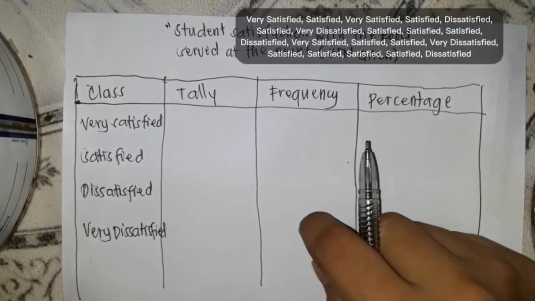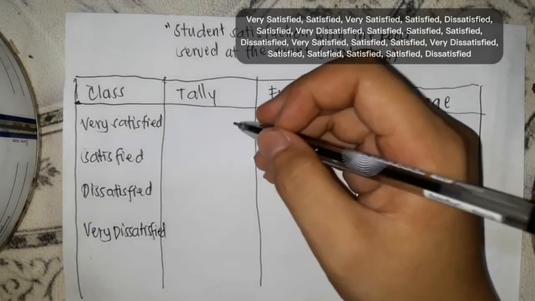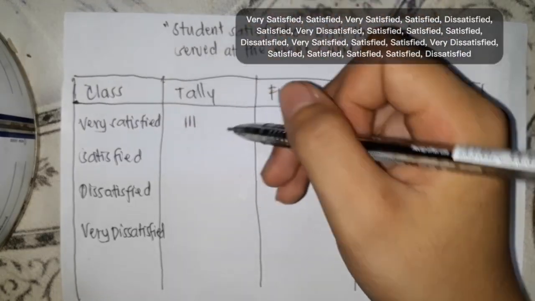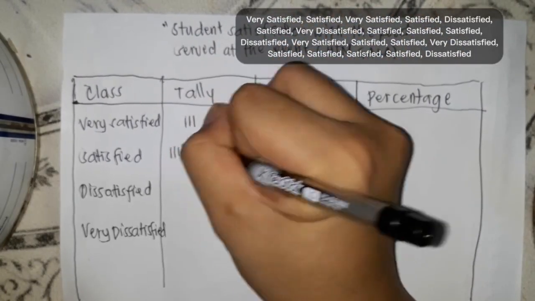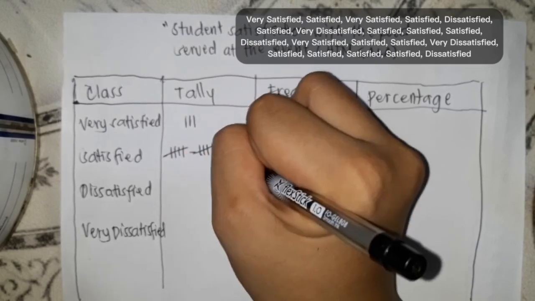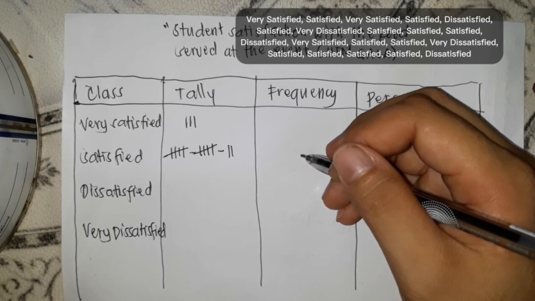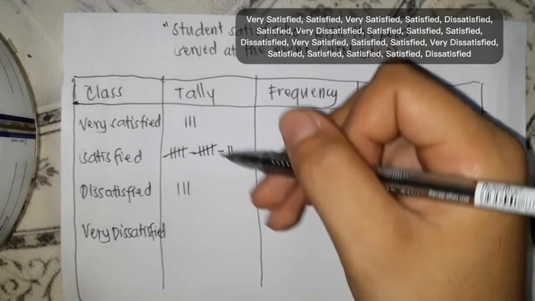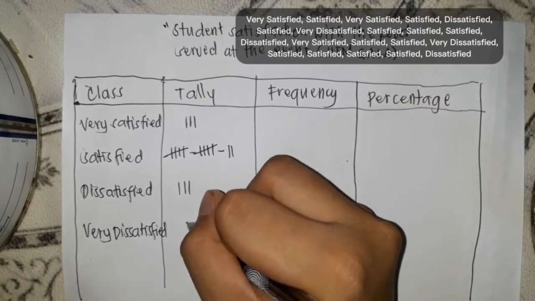As you can see in the screen, there are 3 very satisfied responses. As for satisfied, there are 12 responses. Dissatisfied has 3 responses. And lastly, very dissatisfied has 2 responses.